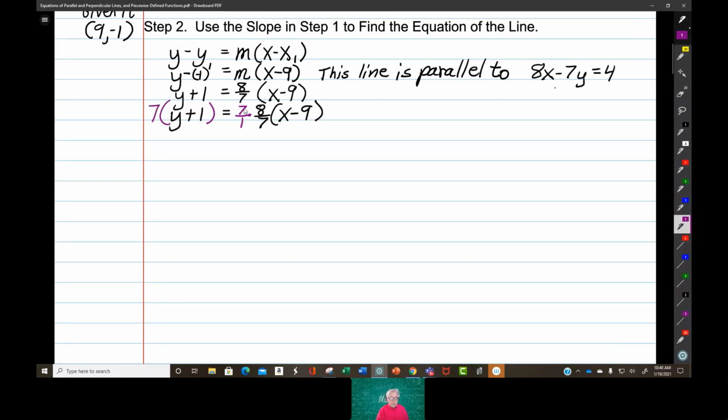The reason I wrote that as 7 over 1 is because I'm going to multiply it by 8/7, which is a fraction. Just makes life easier. The 7 up there cancels the 7 down there. And now I just don't have to deal with fractions for a while. Okay, now I'm going to distribute.